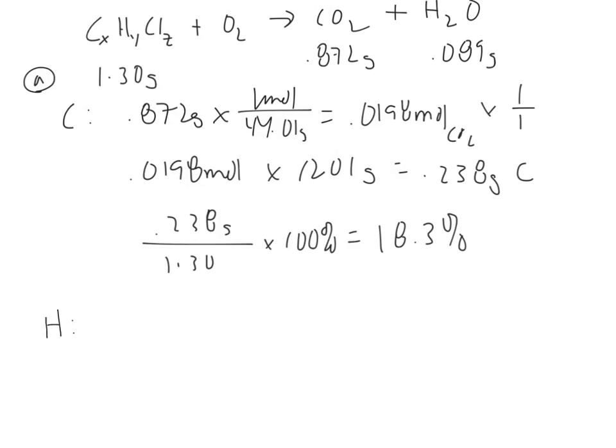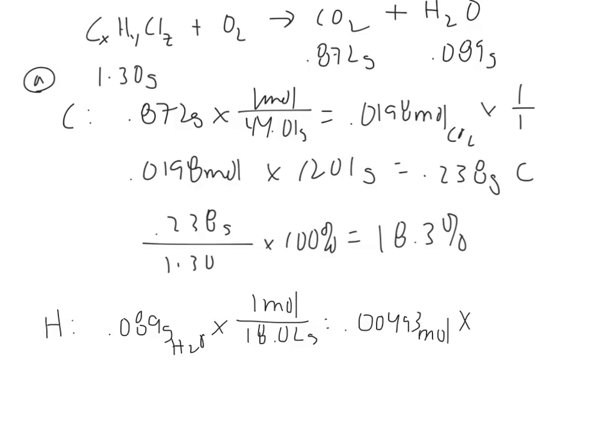I'm going to take my 0.089 grams of hydrogen, or H2O I should say. I'm going to divide by the 18.02 molar mass, and I find out that that's 0.00493 moles of H2O. And now I see that I get 2 moles of hydrogen for every 1 mole of H2O. So this is 0.00988 moles of hydrogen.